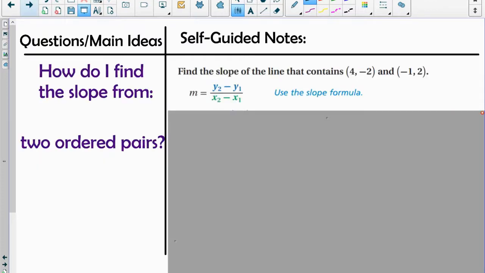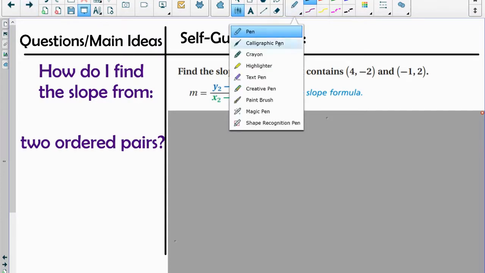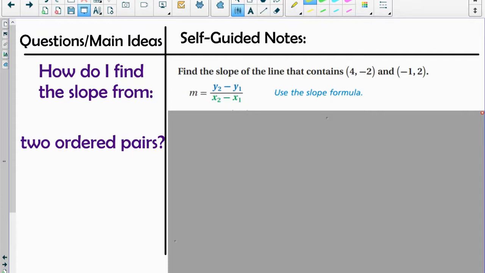Next, we're going to take a look at how do I find the slope from two ordered pairs. So we find the slope of the line that contains the points (4, -2) and (-1, 2). Something I would have you write down is the slope formula, that m equals y sub 2 minus y sub 1, that's the numerator, and in the denominator, x sub 2 minus x sub 1.